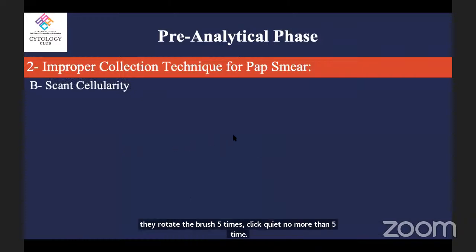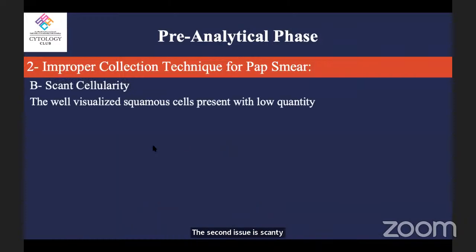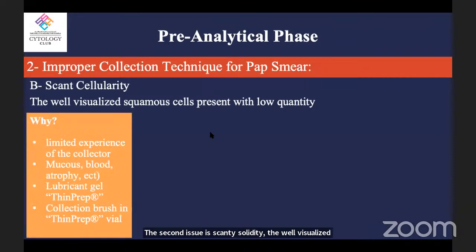The second issue is scanty cellularity. The well-visualized squamous cells are present in low quantity. Why? Again, it is the limited experience of the collector or the presence of mucus or blood. Also, using lubricant gel, especially with the ThinPrep, and the collection brush left in the ThinPrep vial.